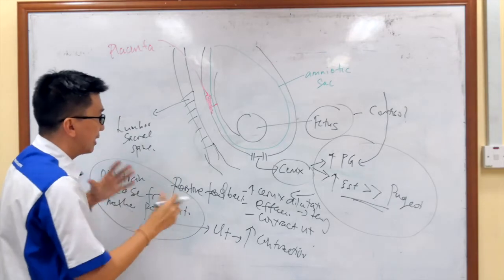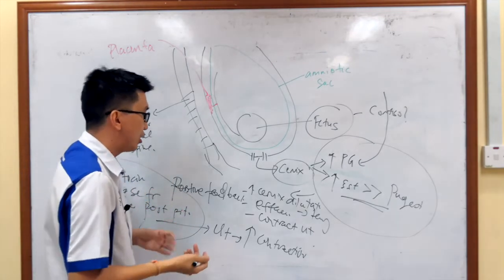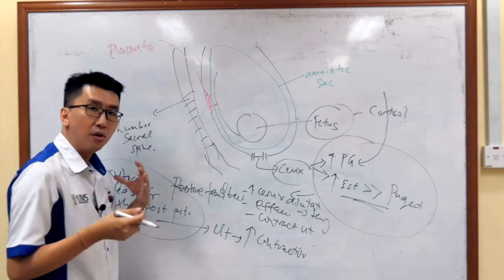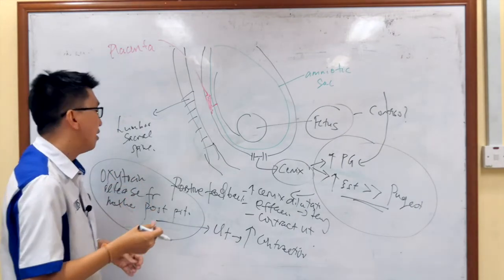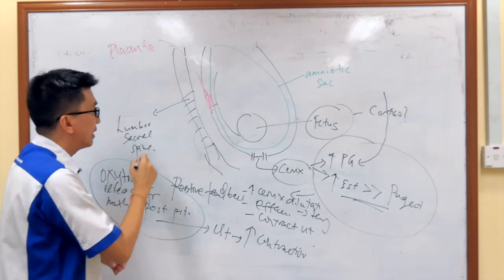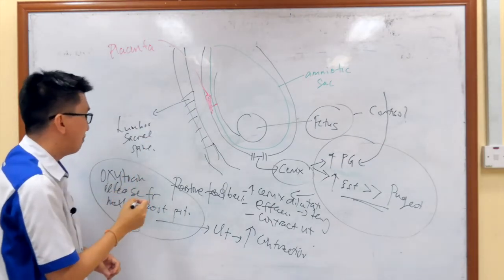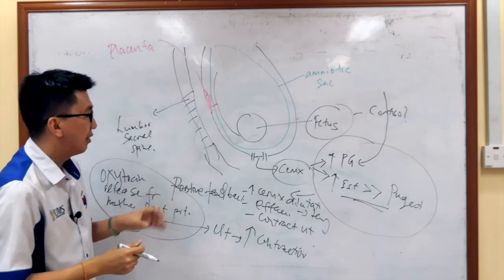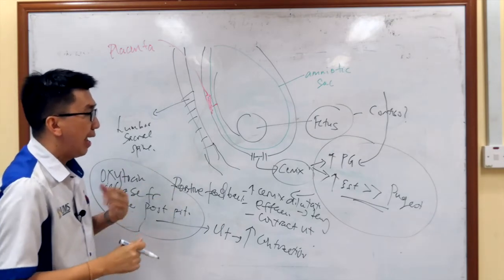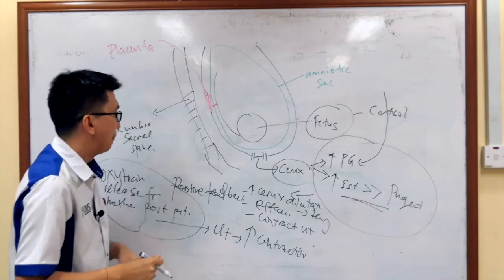So this multiple hormonal interaction during labor will cause a multiple orchestra of events. Oxytocin being released by the mother's posterior pituitary and acting on the uterus will cause an increase in the contractility and the intensity of the contractions.